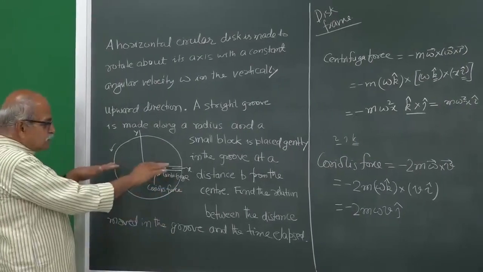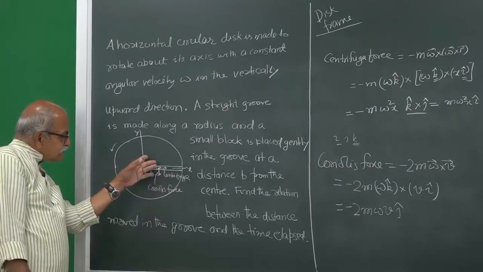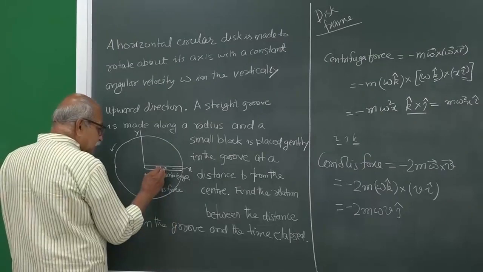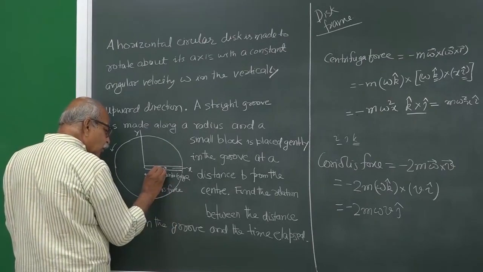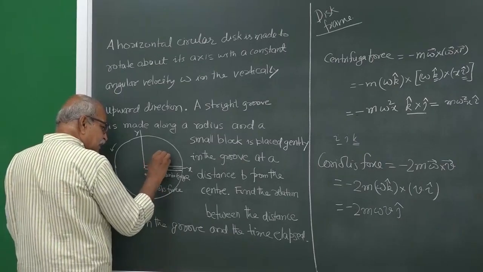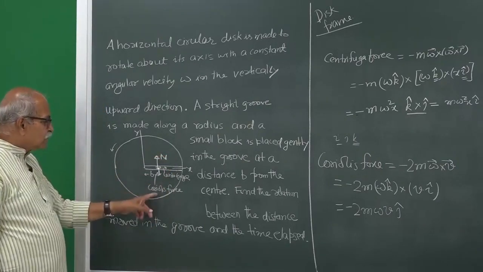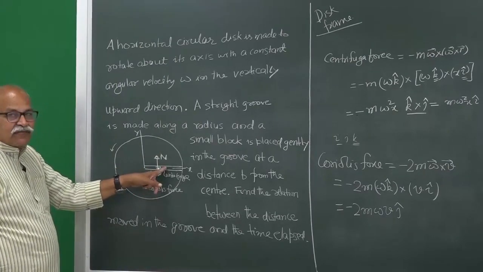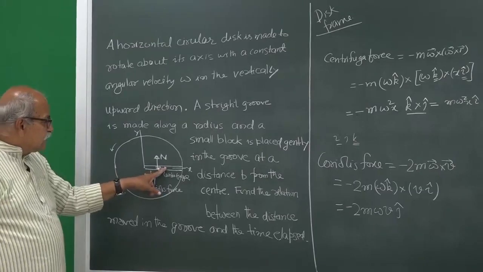So, if this groove was not there, then it would have picked up velocity in the y direction. But now, since the groove is there, the wall will exert a normal contact force N, and that force will balance this Coriolis force. So, ultimately it is motion only under the centrifugal force, right.